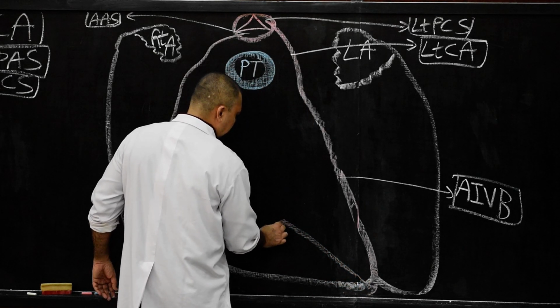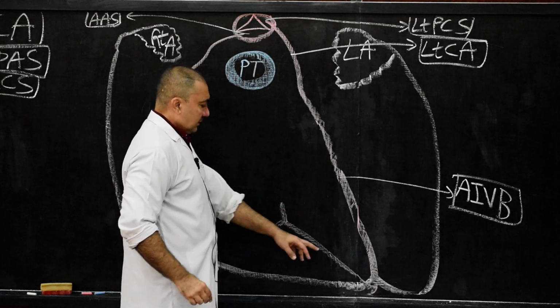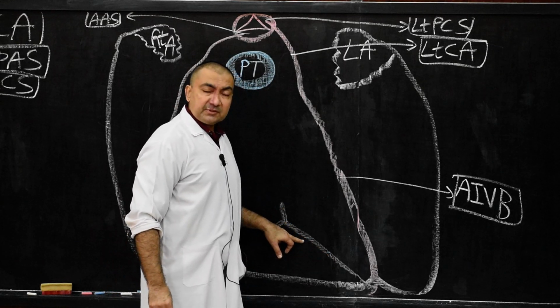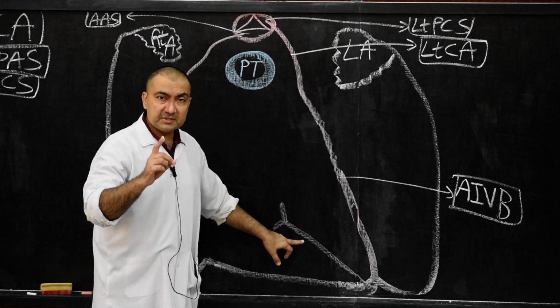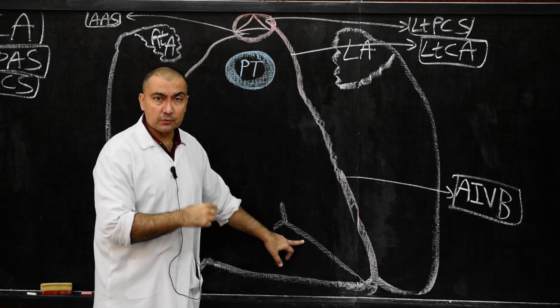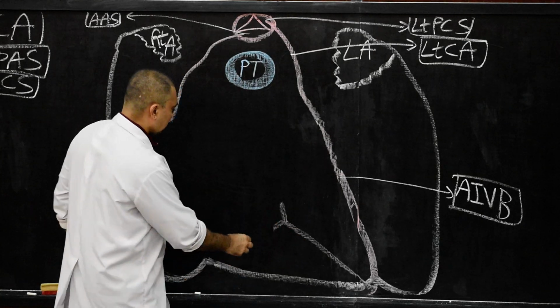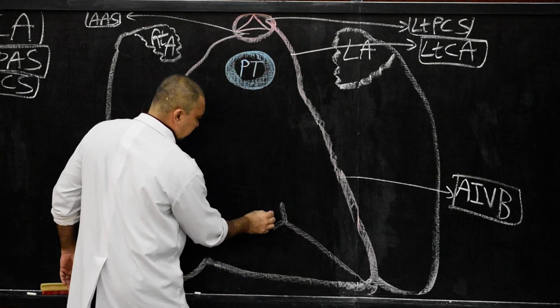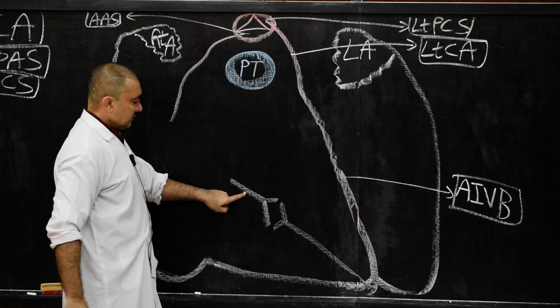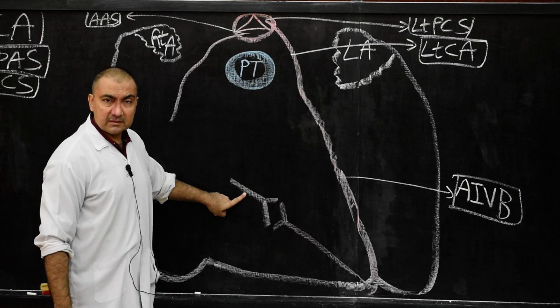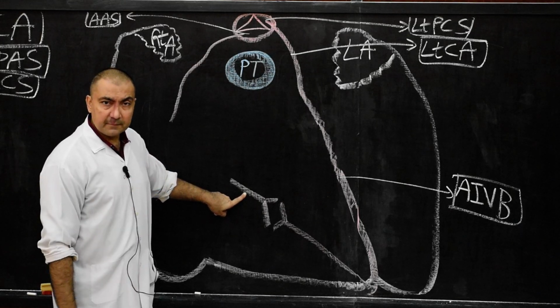Here as it passes posteriorly, it will go in the posterior interventricular groove, where it will anastomose with the branch of the right coronary artery.